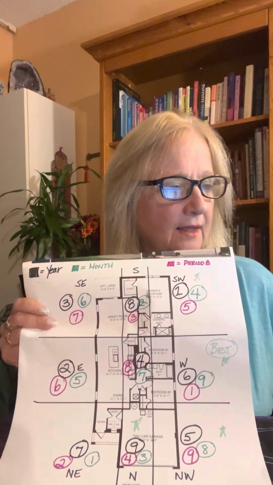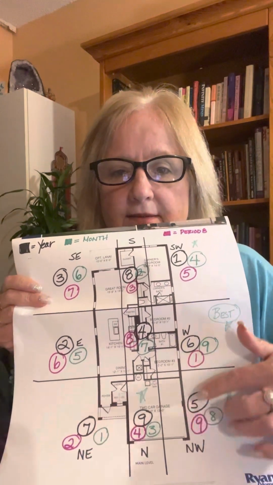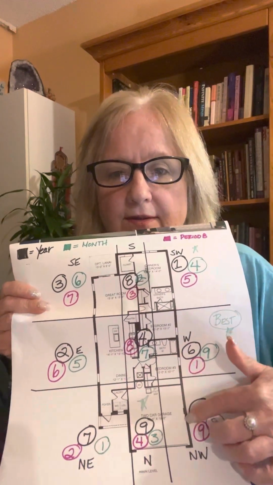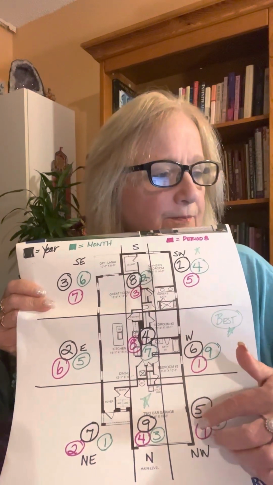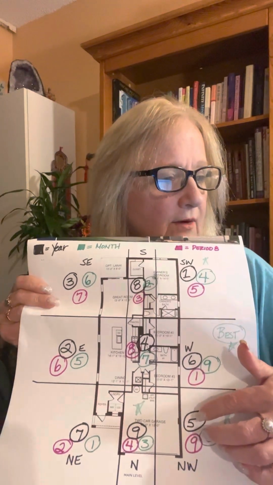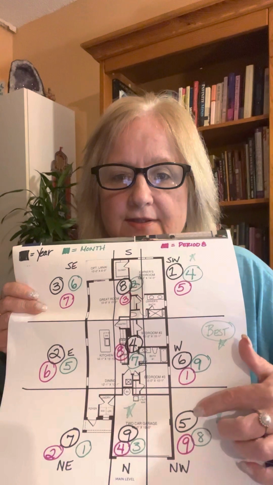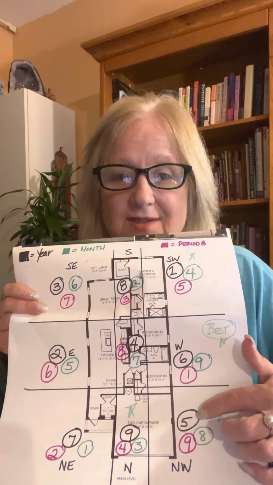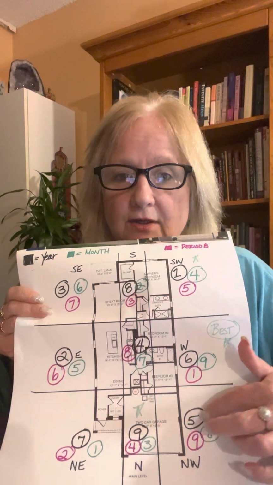Northwest, we do have complete areas here. No missing areas. That is our benefactor, travel, helpful people area. So this is 5, 8, and 9. 5 is the yearly star, which is the star of misfortune. That's going to be there all year, right? So that needs a cure.